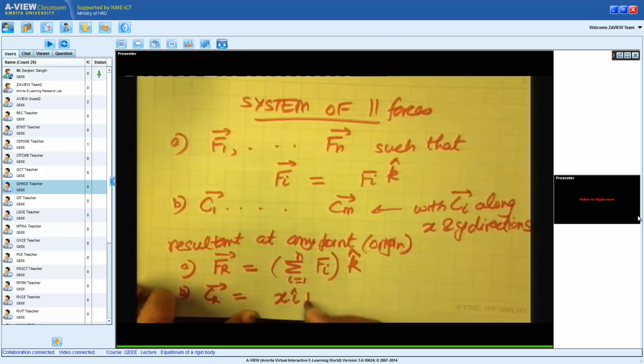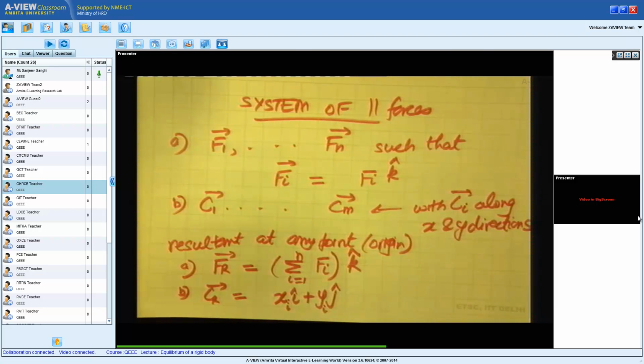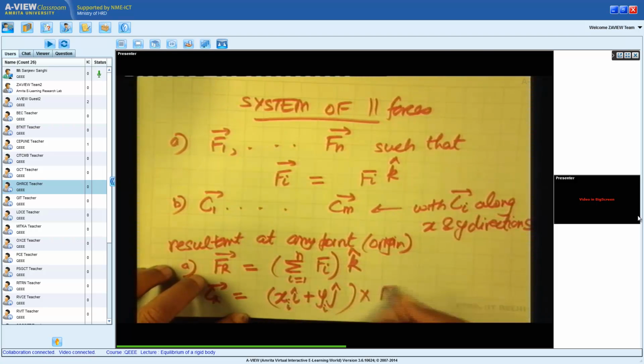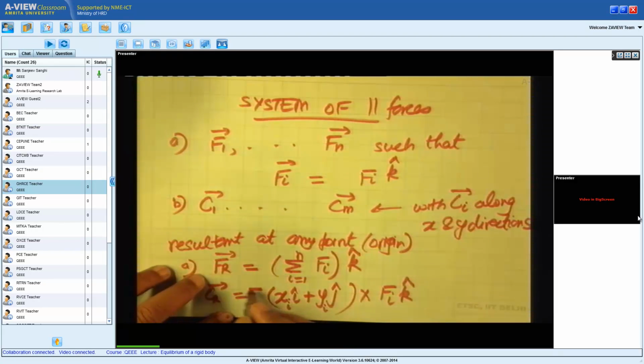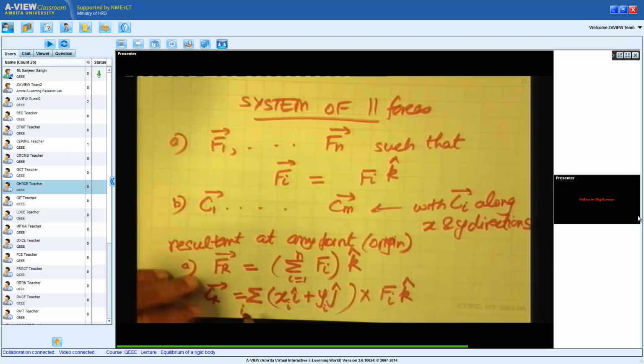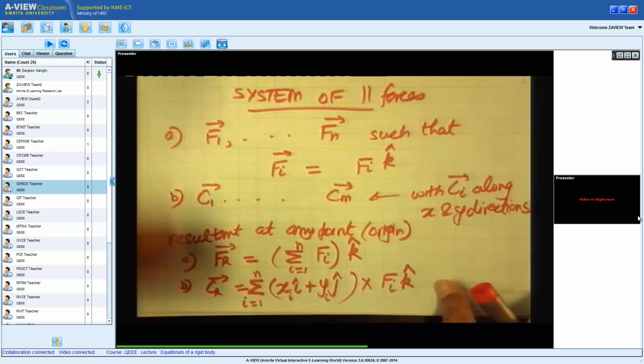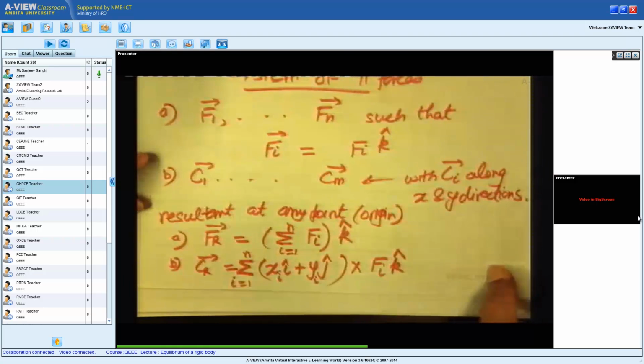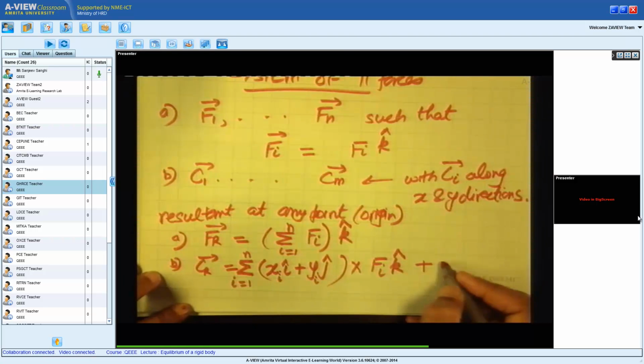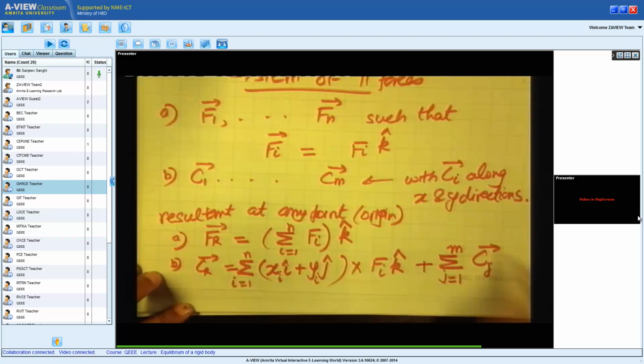So the couple because of each of these forces will be (xi i plus yi j) cross Fi k, and we sum it with i going from 1 to n, and then we will have sigma j equal to 1 to m of Cj.